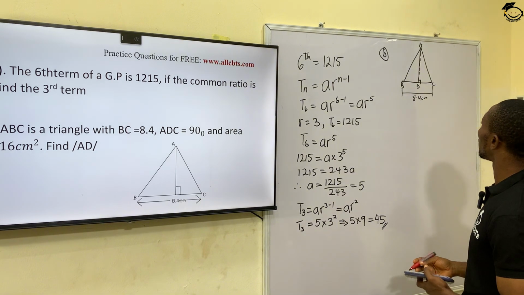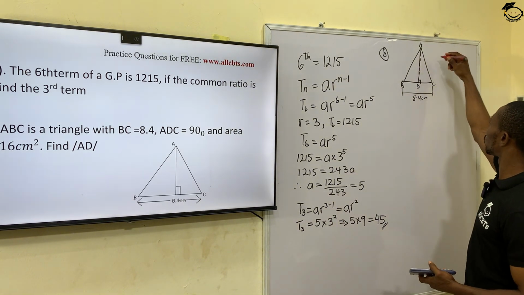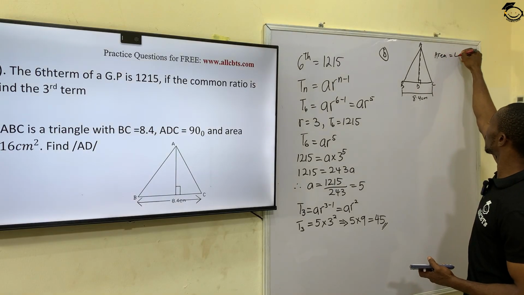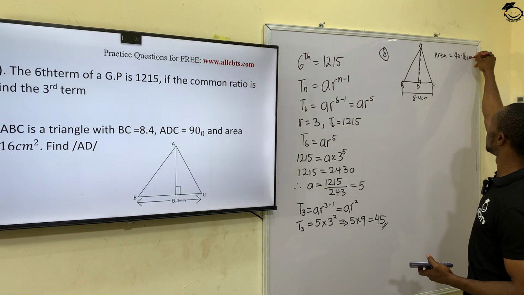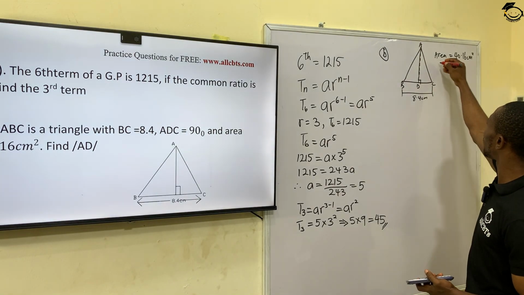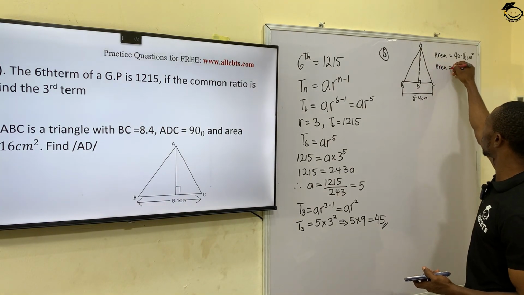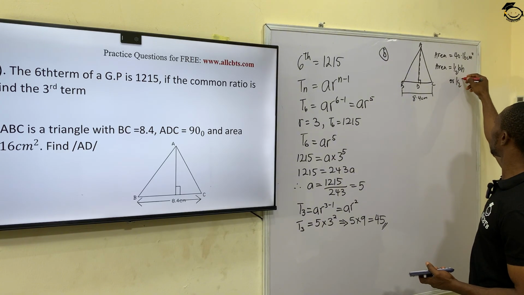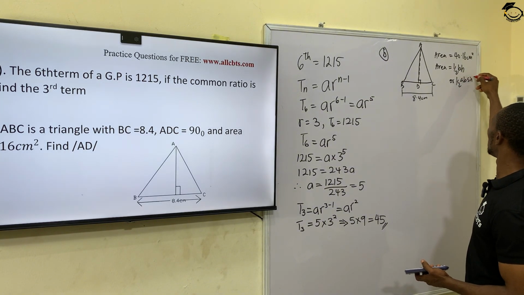Now, having this, we are told that the area of triangle ABC is 40.16 centimeters squared. All right, so we know that our formula for area of triangle equals half base times height, or we can use half ab sine theta.